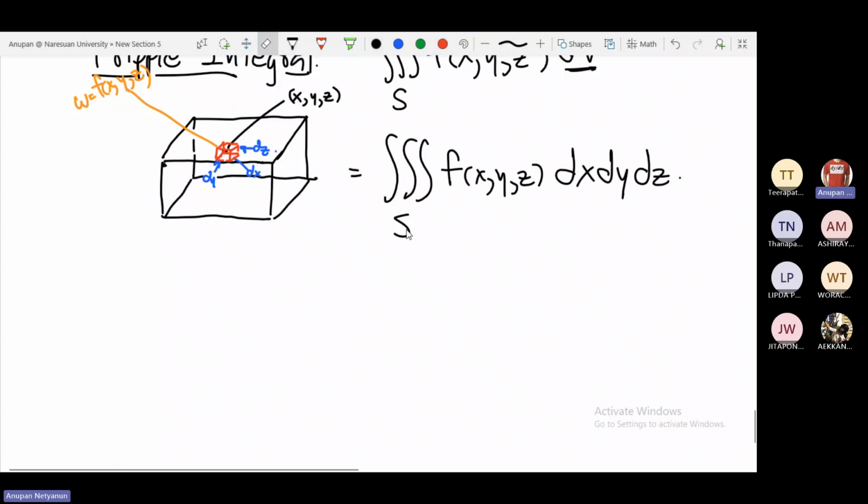That means when you change to this, you need to find the running numbers for x, y and z. Now things are going to be more complicated.